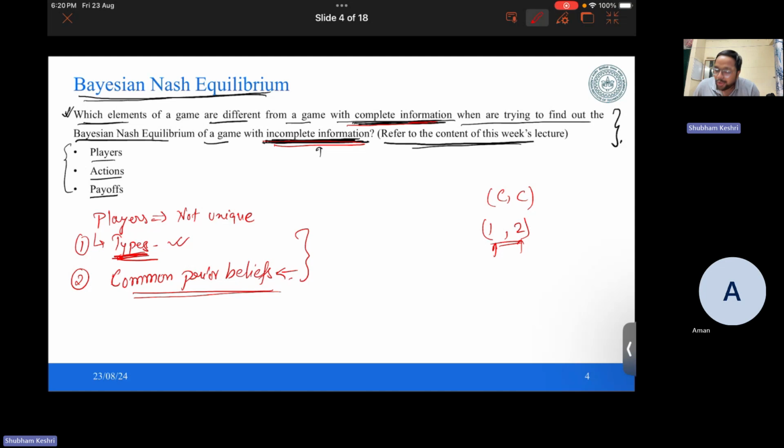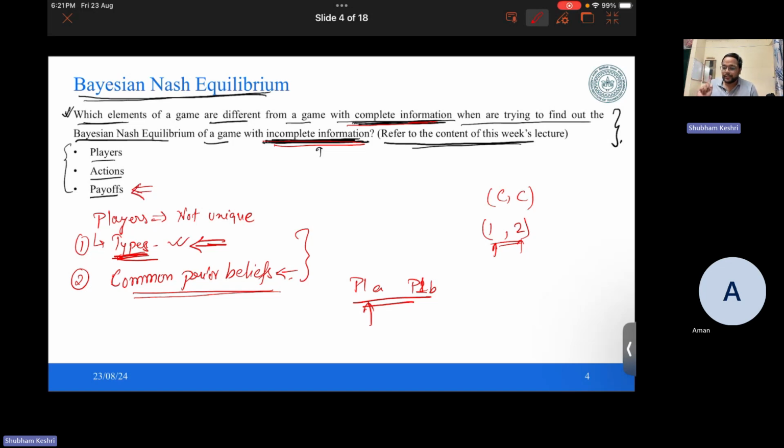Now you may ask, what about payoffs? Are payoffs not different between complete and incomplete information? You see, when you specify the type of a player, the payoff is fixed. So there is no uncertainty in payoffs. The uncertainty is only in the type of a player. Suppose we have player 1A and player 1B. If I have told you that this is player 1A, then you are sure what his payoff is.